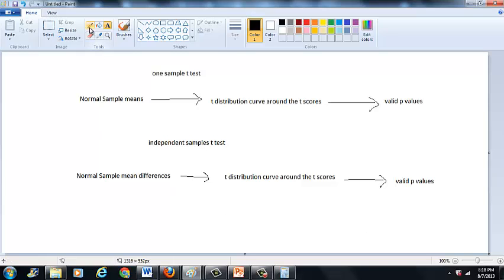So when you're doing the test, what you want to do is make sure that this thing right here is true. In a one sample t-test, you want to make sure that your sample means are normal. And how can you know if they're normal? In a one sample t-test, you'll have normal sample means if one of two things is true.